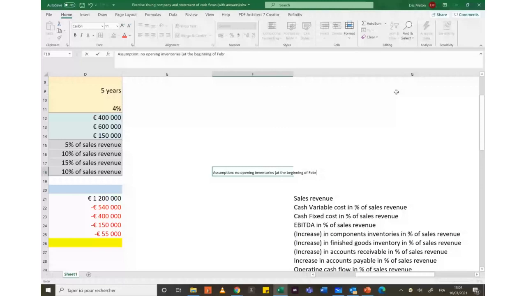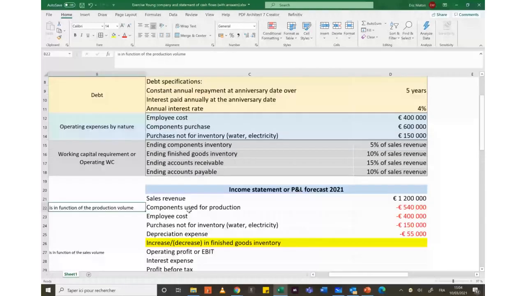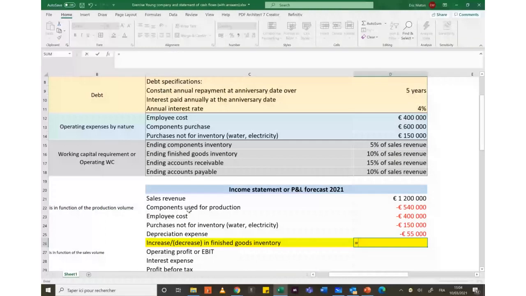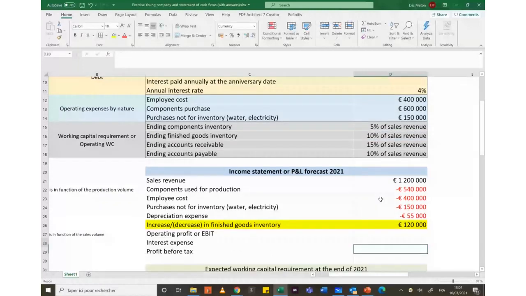We have no information, so we suppose we don't have opening inventories. If we don't have opening inventories, the increase is directly the ending inventory, the equivalent of 10% of the sales revenue. So we finish with 120,000 in the ending inventory.